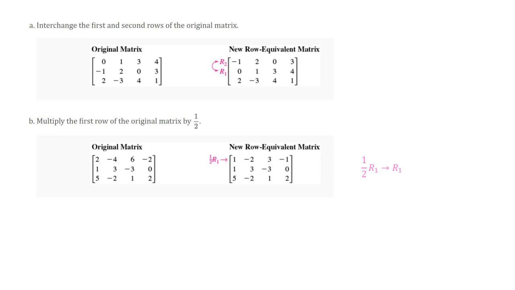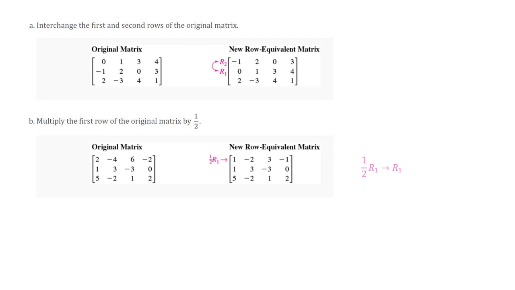And again, if I'm going to multiply by 1/2, I'm going to multiply all of the elements in that row. So when I multiply 1/2 to row 1, my new row 1 becomes: 1/2 times 2 gives me a 1. 1/2 times -4 gives me a -2. 1/2 times 6 gives me a 3. And 1/2 times -2 gives me a -1. So this is an example of how we can multiply a constant to a row.